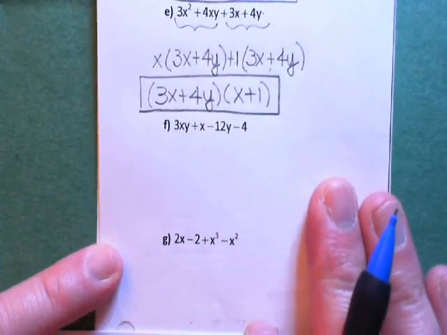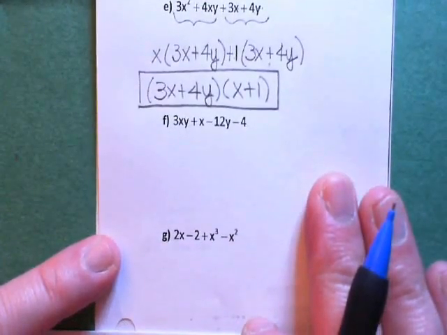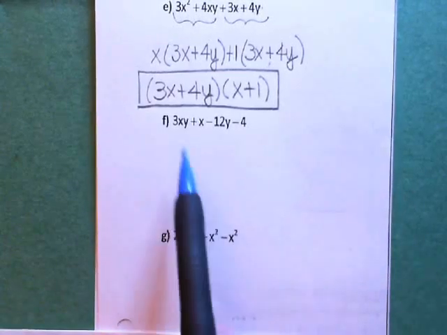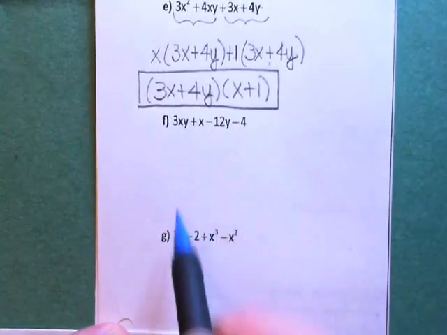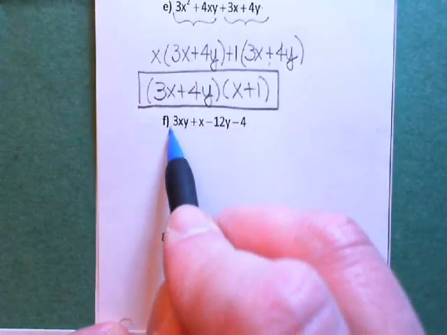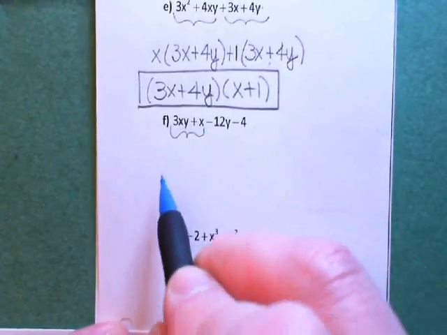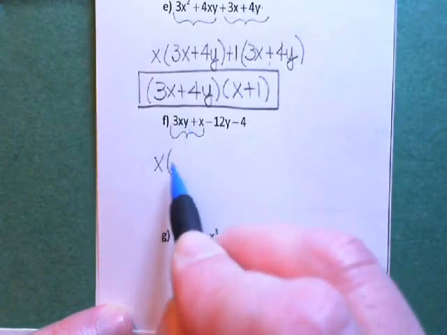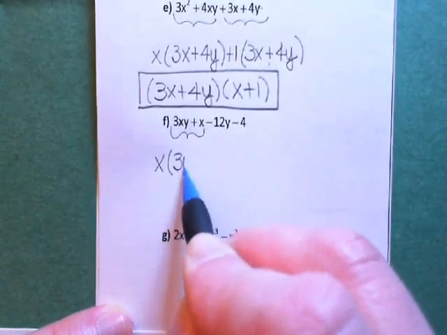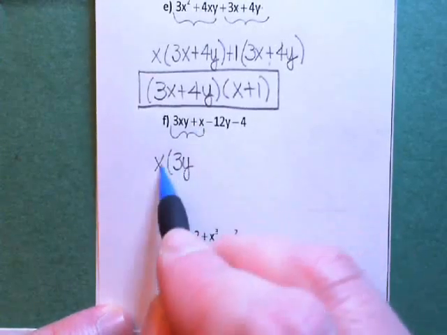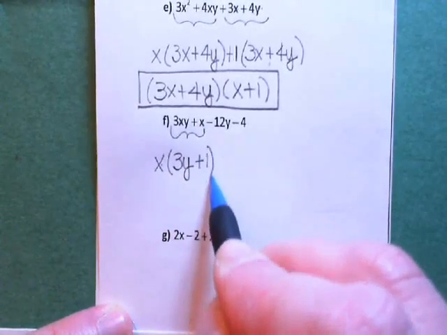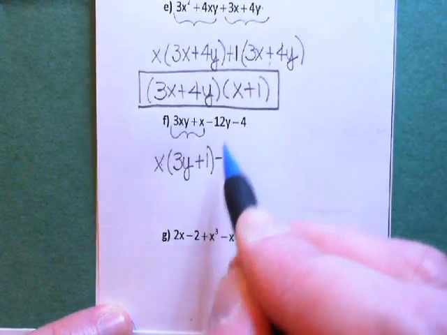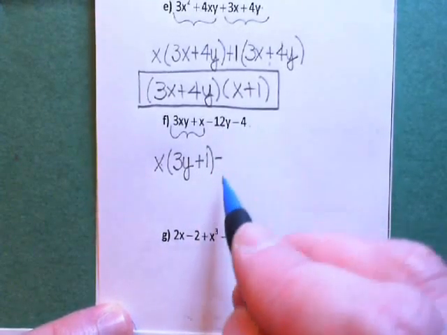Alright, let's go on to the next two problems. Can I factor anything from all four? The answer is no. What can I factor from the first two? Factor x. So 3xy divided by x becomes 3y, and x divided by x becomes a 1. Bring down the negative. What can I factor from 12y and 4?